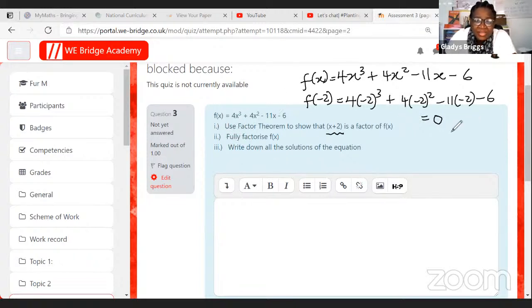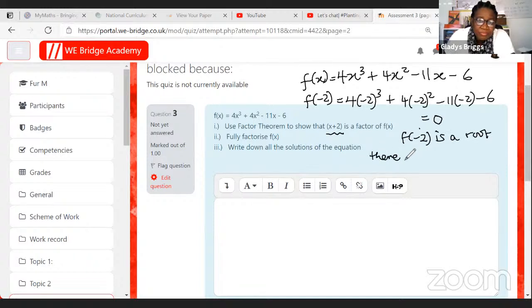So you've proved that it's equal to 0. It is a factor.